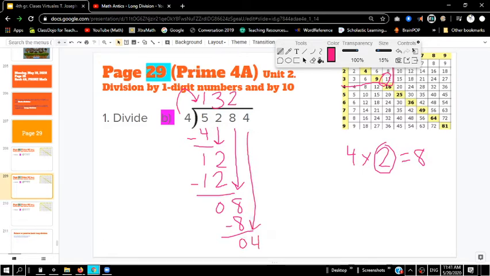I'm going to bring my 4 down and ask, how many times does 4 go into 4? Well, 4 times 1 equals 4. So 1 goes on my answer blank. 4 minus 4 equals 0, and there's no more numbers to bring down. So my final answer is 1,321.